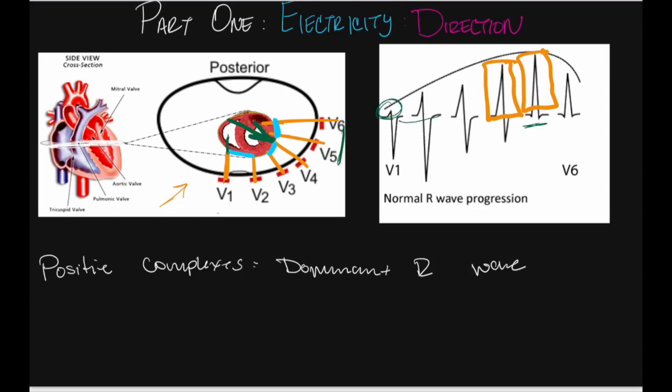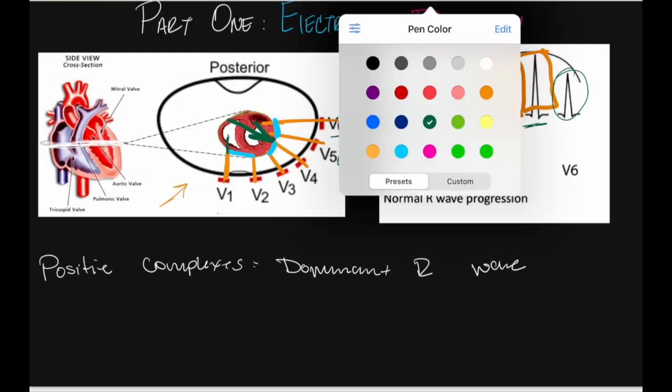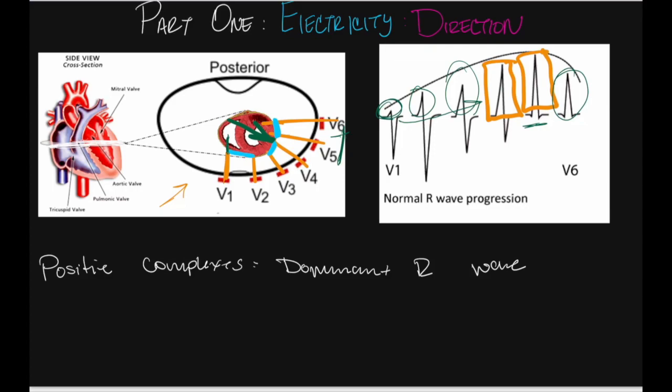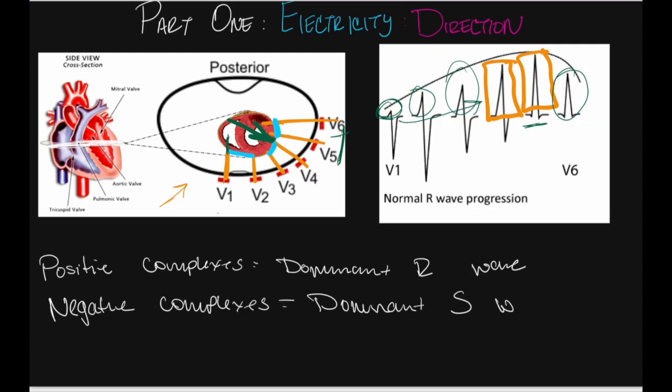And as you move closer to where the electrical vector is headed, our R wave starts to increase. And we see after V5, we move away from that dominant electrical vector. So V6 typically experiences a decrease in the R wave. So we know that that positive complex is a dominant R wave, and we know that those negative complexes equal a dominant S wave.